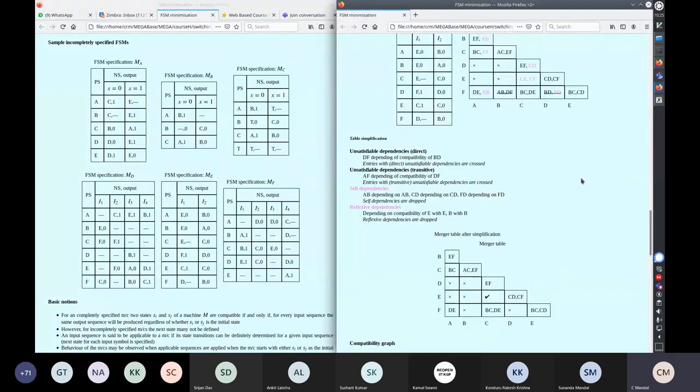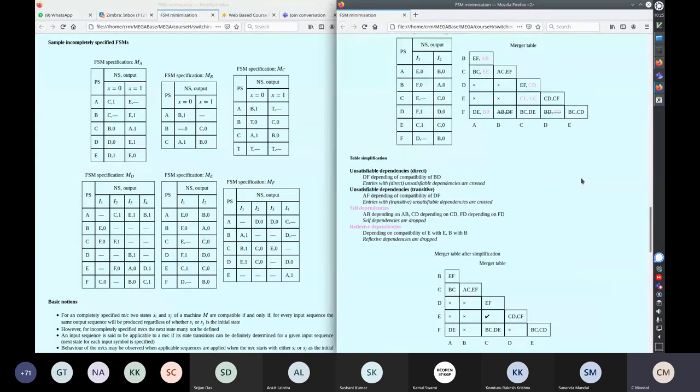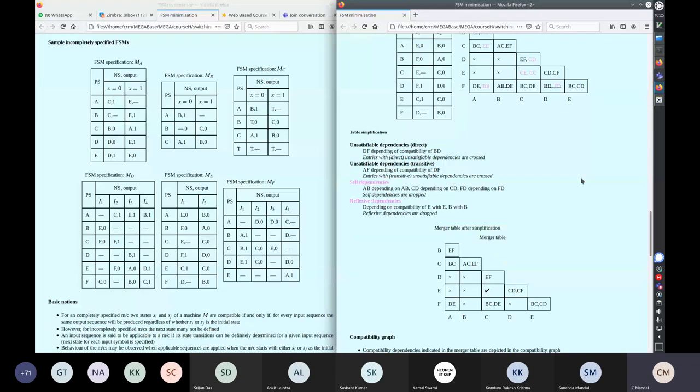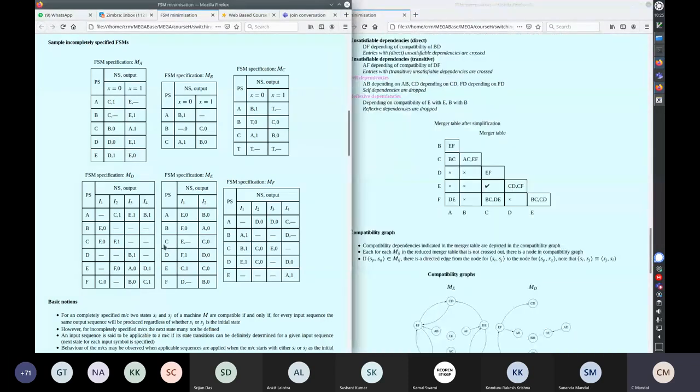Sorry, I hope I'm using the right one. Oh, sorry, you got to use this table. So C and E, you find that the dependence is on CC and CE.